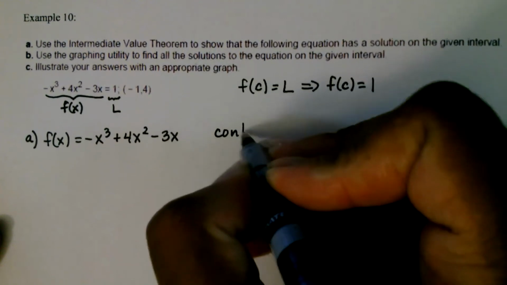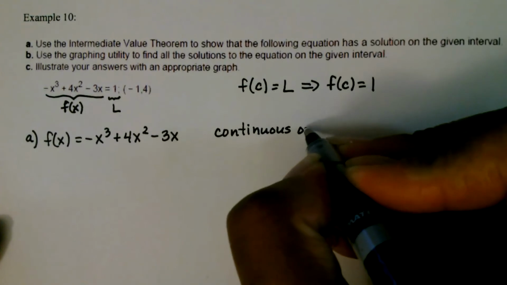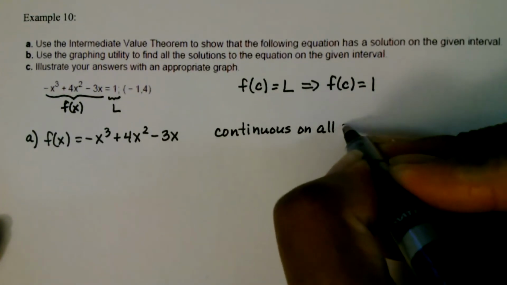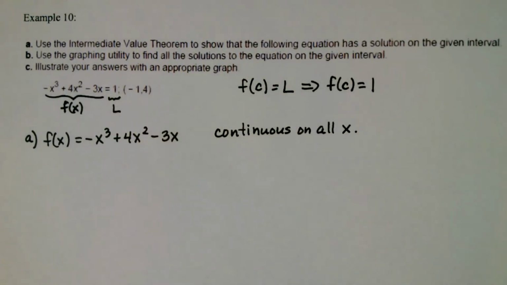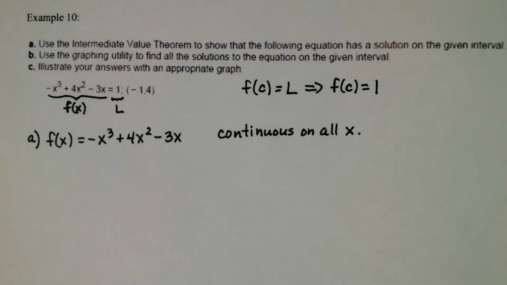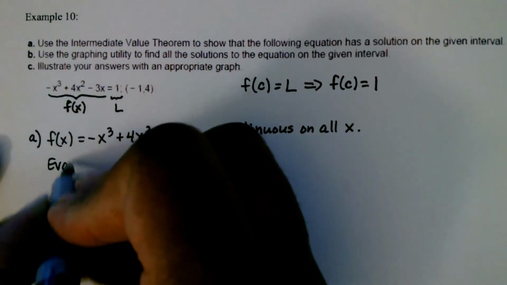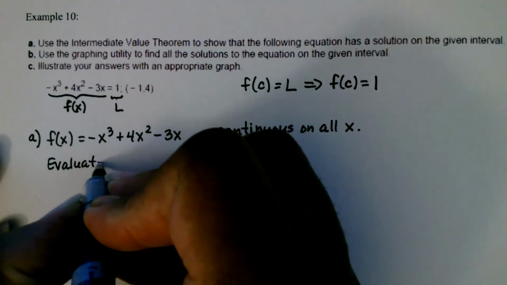So we can say that it is continuous on all x. So that means that this function is continuous on this interval, -1 to 4. Okay. Now let's evaluate the endpoints.